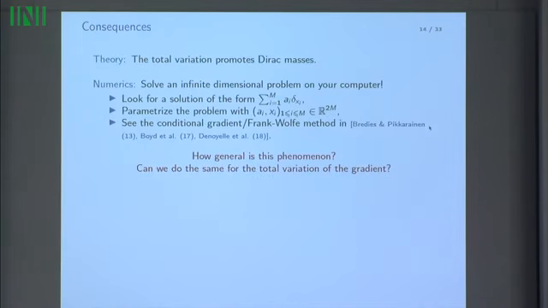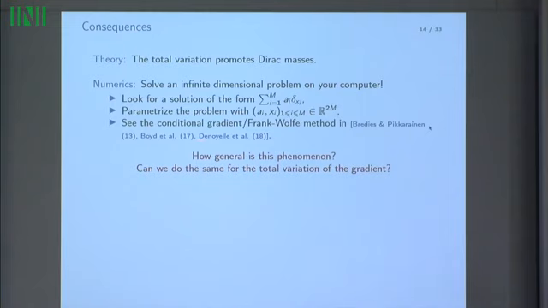As we have seen, minimizing the total variation tends to promote Dirac masses in the solution. And this has actually motivated some algorithms, for instance in the paper of Christian Bredies and Pikkarainen, but also in the paper of Quentin Denoyelle and Vincent Duval.